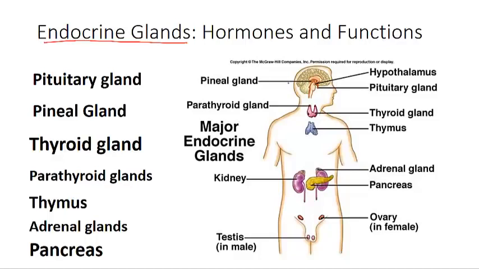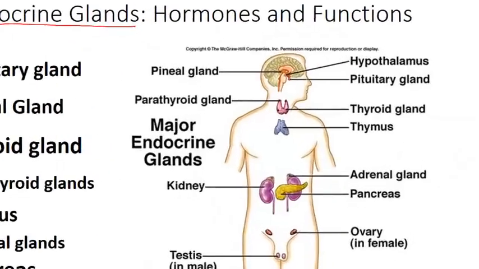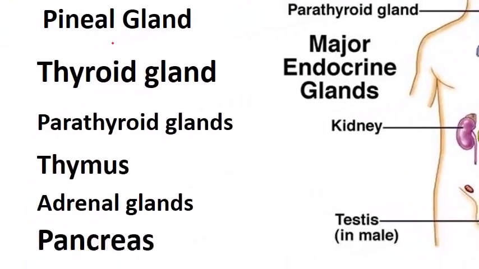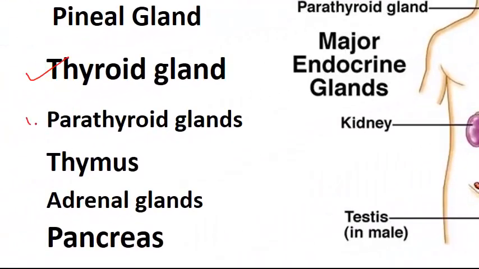For example, near the brain there are three different structures: the pituitary, which is known as the master gland and is one of the most important glands, the pineal gland, and a part of the brain, the hypothalamus. Together, they play a vital role in controlling the rest of the endocrine glands in our body. Among those glands we have the thyroid gland, parathyroid gland, thymus, adrenal glands, pancreas, and many more.